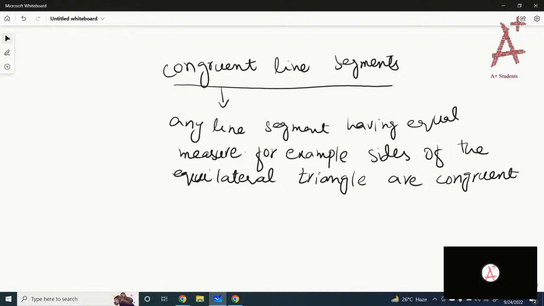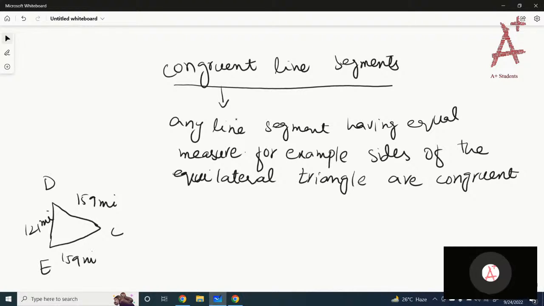Okay, let's start with the examples. So the first one is, here you have D, here you have E, and here you have C. It is 159 miles, it is 159 miles, and it is 121 miles.